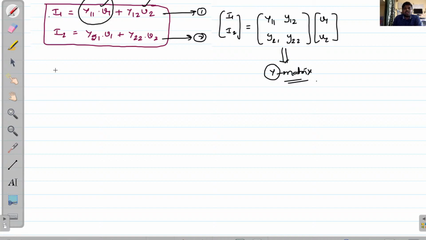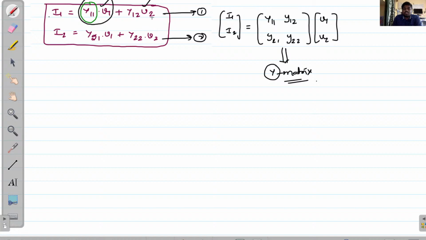So first, in order to find out this Y11, what do you have to do? This is your Y11, the first parameter. How to evaluate this parameter? In order to evaluate Y11, you need to make V2 equal to 0.